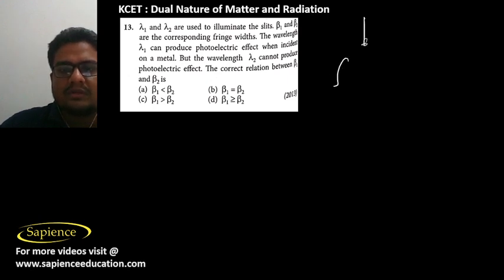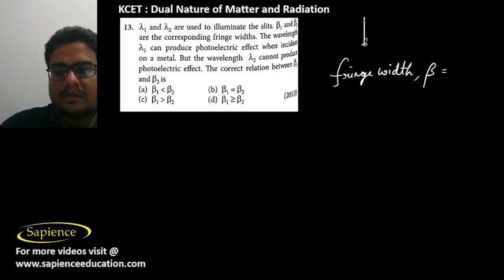So we know that the fringe width in Young's double slit experiment, that is beta, is given as lambda D by d, where D is the distance between the plane of the slits and the screen, and d is the separation between the two slits.